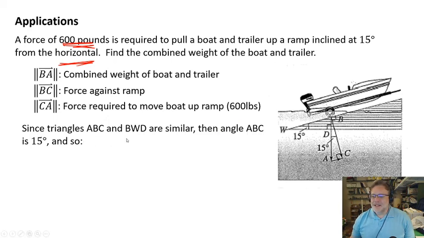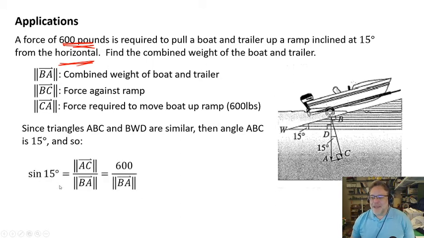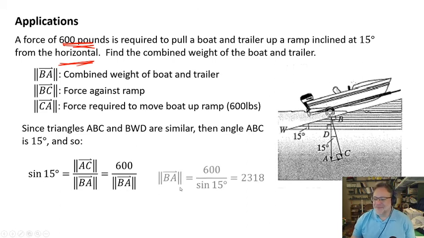All right, so since these two triangles are similar, then angle ABC here, this tiny little angle, is 15 degrees. And so sine of 15 degrees is equal to opposite over hypotenuse. Opposite here being AC, that's the 600 pounds, and the hypotenuse being the force of gravity, which is what we're trying to find.